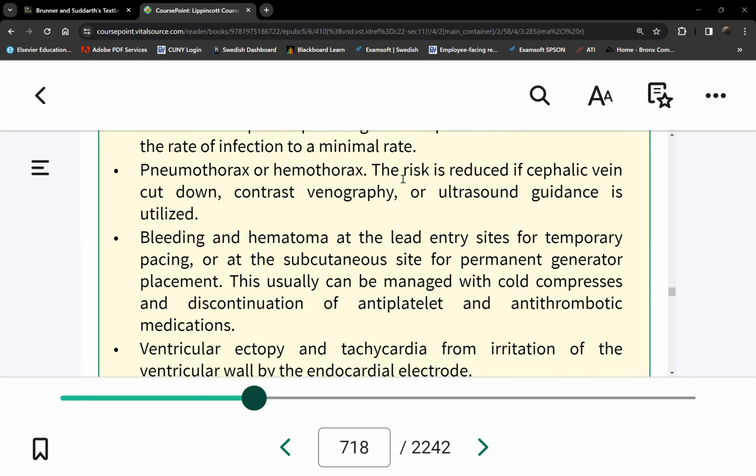Pneumothorax, because the insertion site is just under the skin. Sometimes the doctor, especially during the local anesthesia injection, when they put lidocaine in, the needle goes too deep and punctures the pleura.